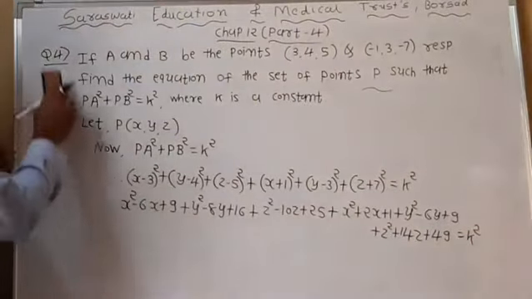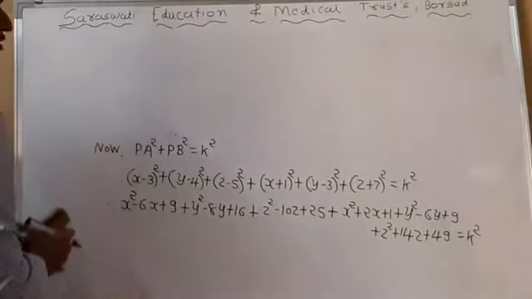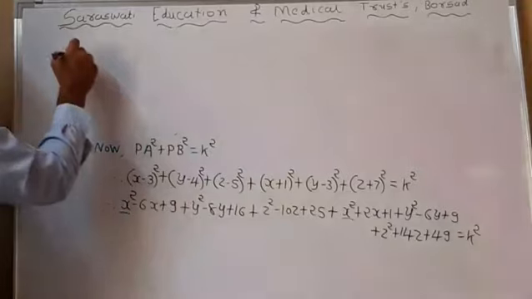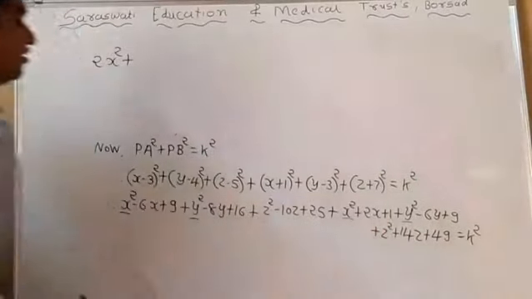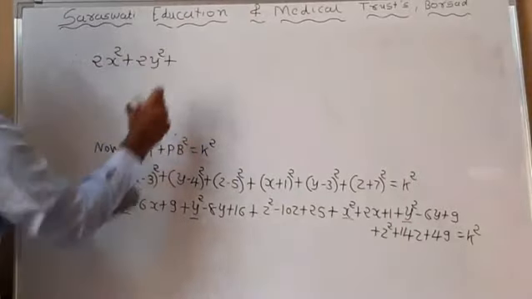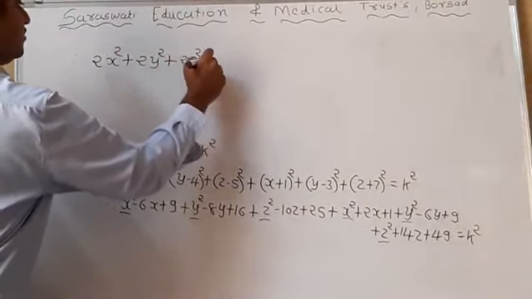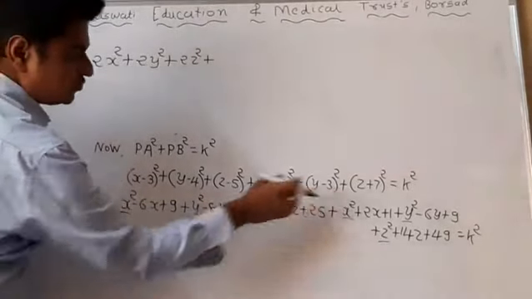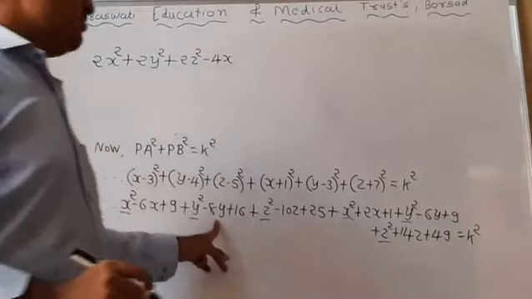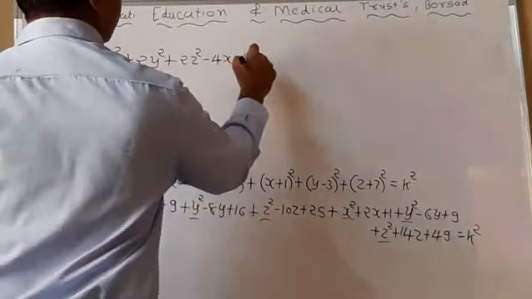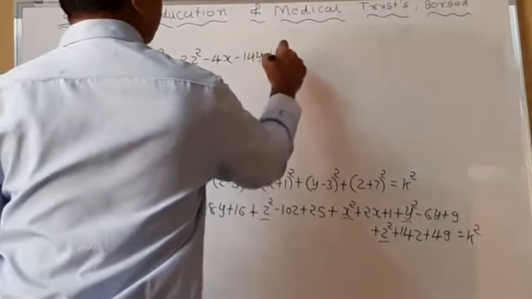Now after simplifying, x square plus x square means 2x square, plus y square plus y square means 2y square, plus z square plus z square means 2z square, plus -6x plus 2x, that means -4x, minus 8y minus 6y, that means -14y, and -10z plus 14z means +4z.